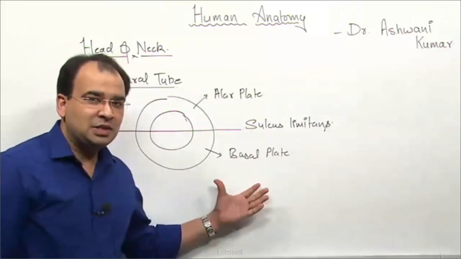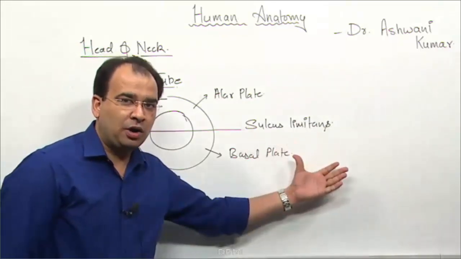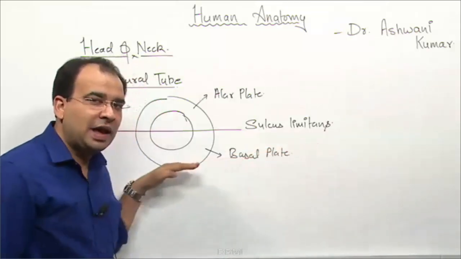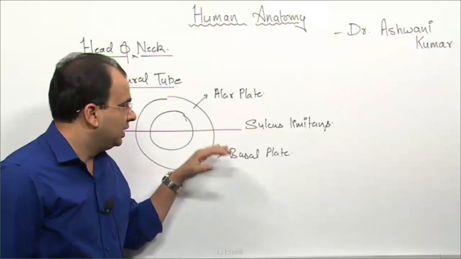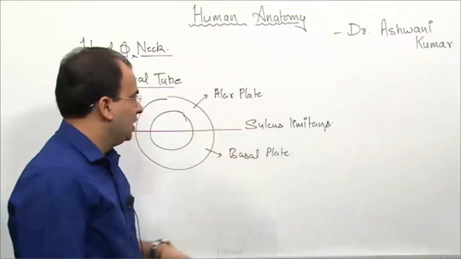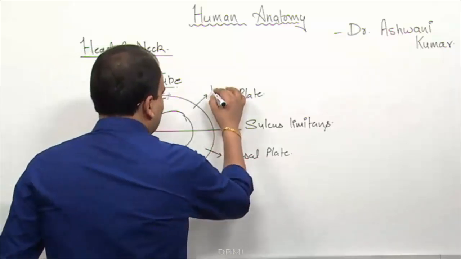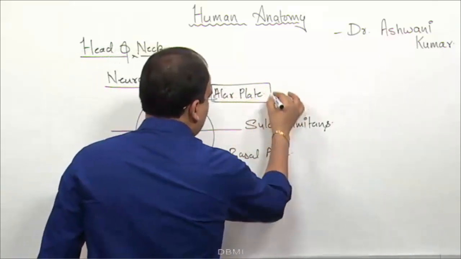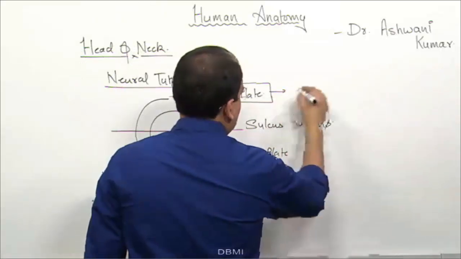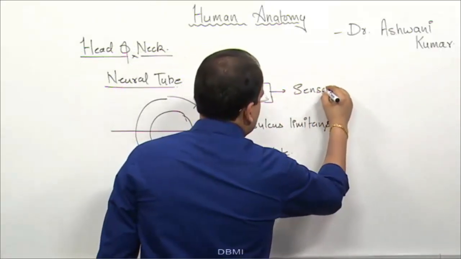And if you compare this neural tube with the spinal cord, and let us say you are having a section of the spinal cord, you are drawing a line from the middle of the spinal cord, that's the same way you divide it. I mean, we have a dorsal part and the ventral part. So this alar plate is nothing but representing the dorsal horn of the spinal cord, and that's why it is sensory in function.